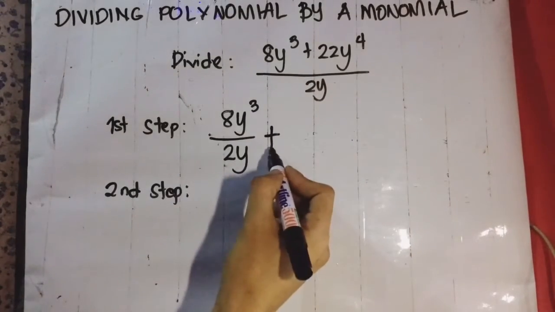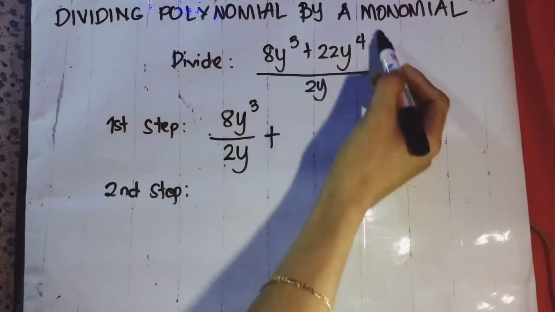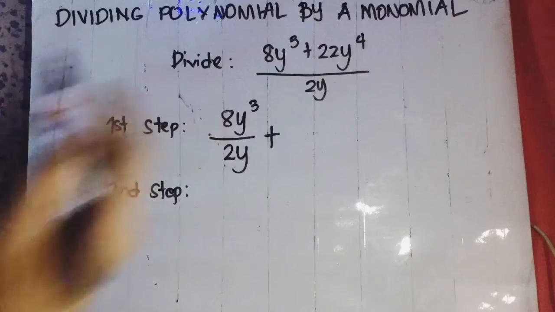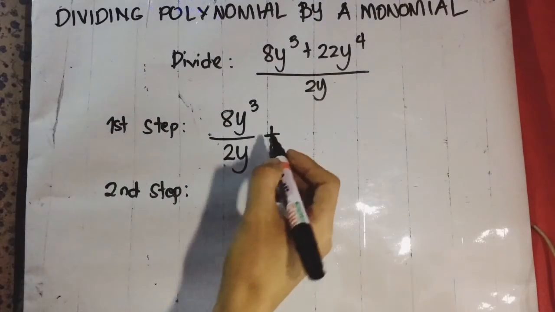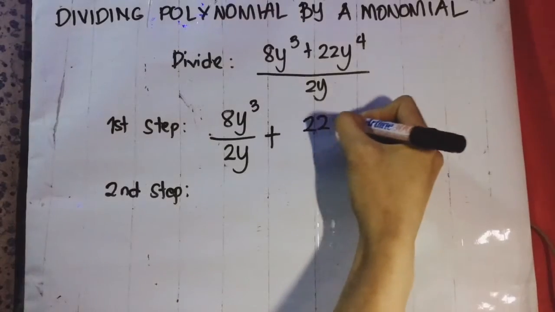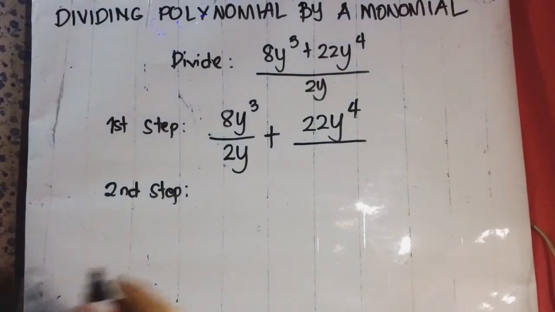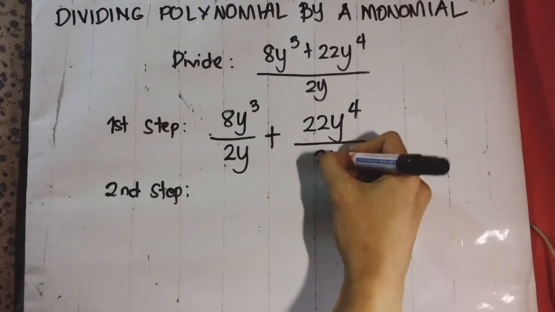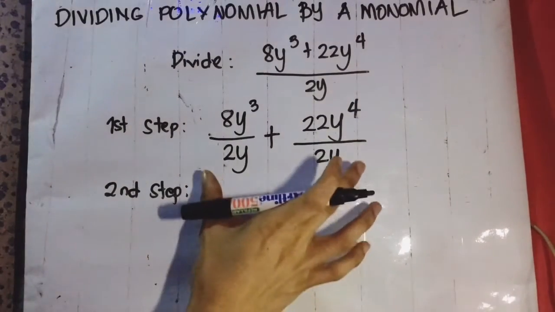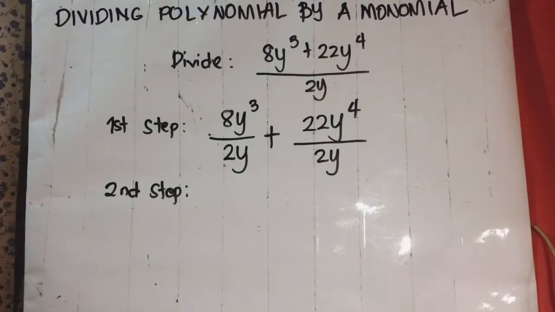Why is it addition? Because it is the sign that separates the terms in your numerator. So we have plus the second term in your numerator, 22y to the power of 4 over the same denominator, 2y. So this is how you will split the problem into pieces.